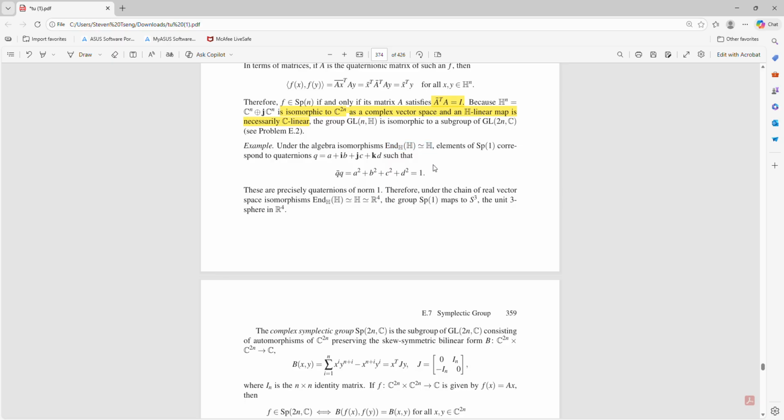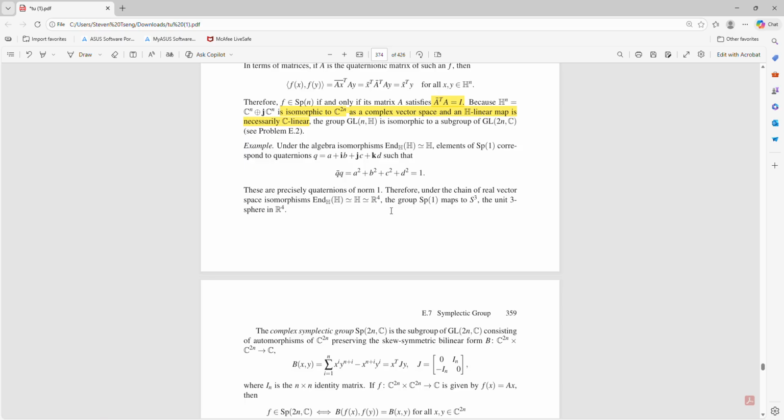And we can check that the special linear group in one dimension corresponds to the quaternions whose norm is 1.